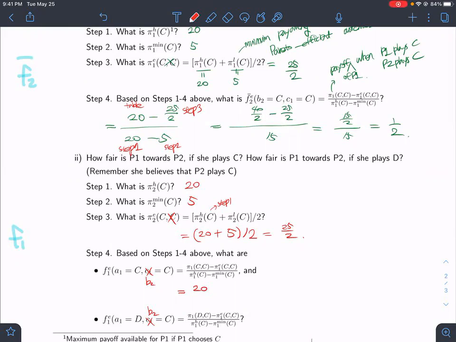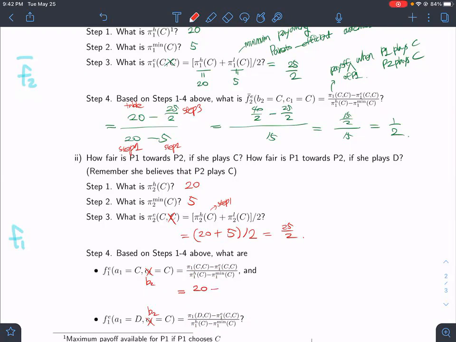I think this should be pi 2, here, here, here and here. I will also fix this typo. Sorry for the many typos here.